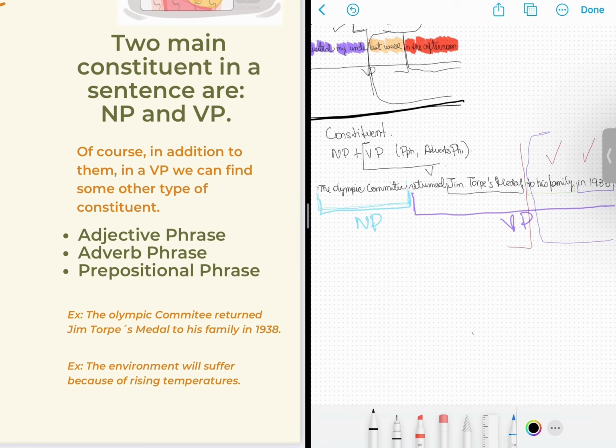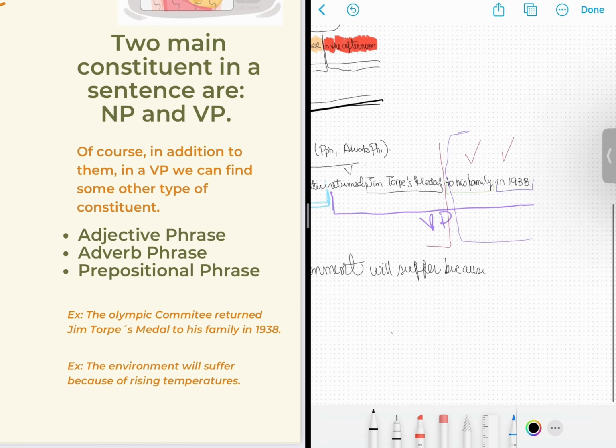The other one: the environment will suffer because of rising temperatures.